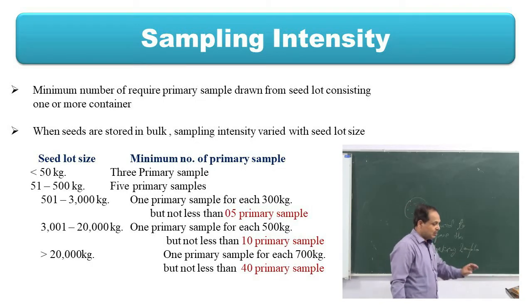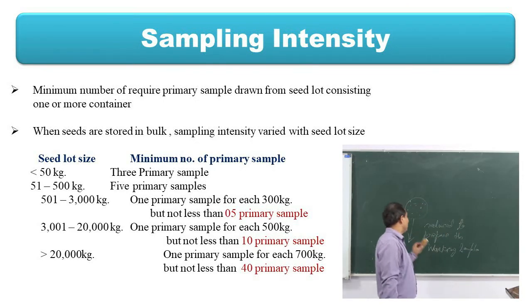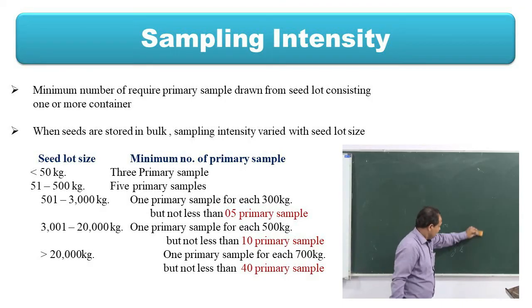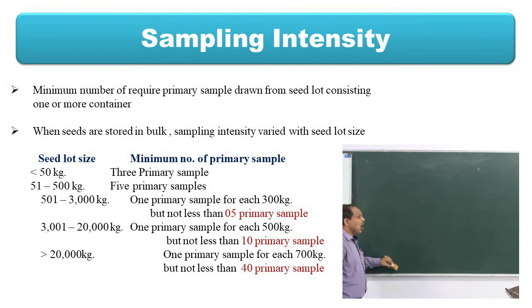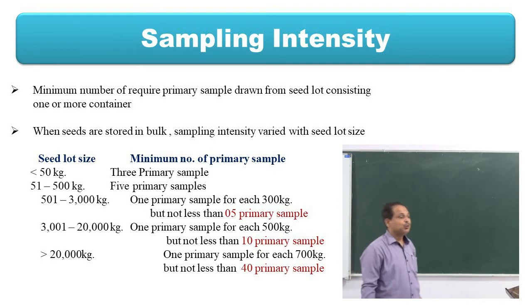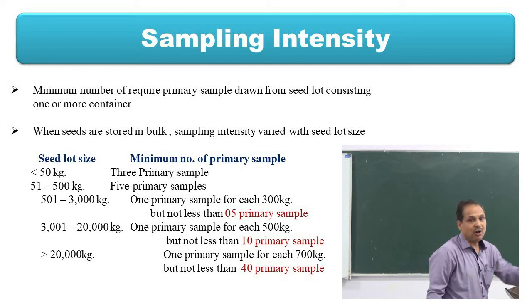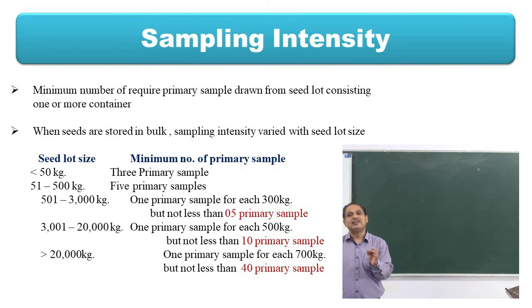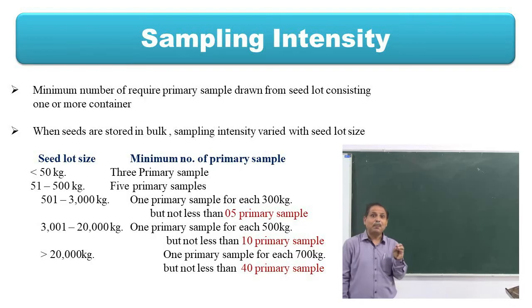Now, the next thing is the sampling intensity. We are discussing the primary samples, and the question arises: how many primary samples should we take from the seed lot? It's a simple question, and it's called the sampling intensity. We know very well the cropping intensity.